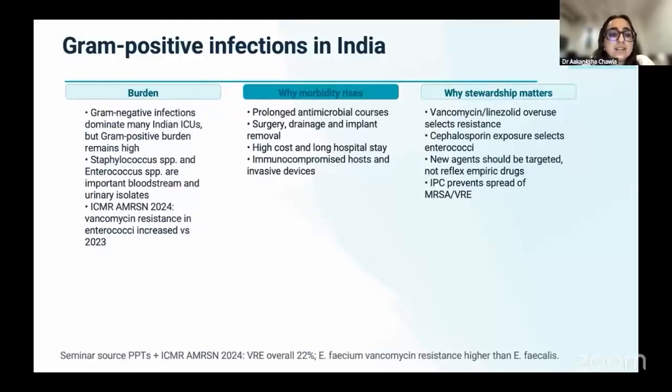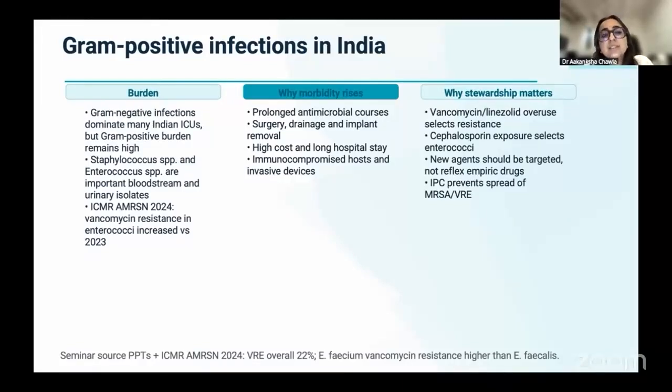So, like I said, gram-negative infections dominate our ICUs, but there is a burden of gram-positive infections as well. Commonly, we see infections with Staphylococcus aureus and Enterococcus species, and commonly bloodstream and urinary isolates. Now, these add to morbidity because of prolonged antimicrobial courses. It prolongs your patient's ICU stay, ultimately hospital stay, and increases costs.